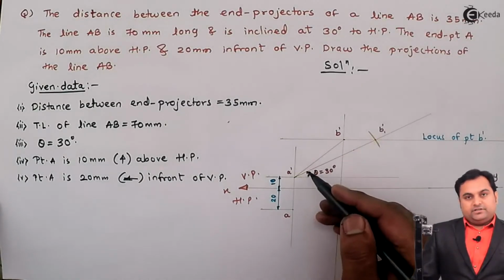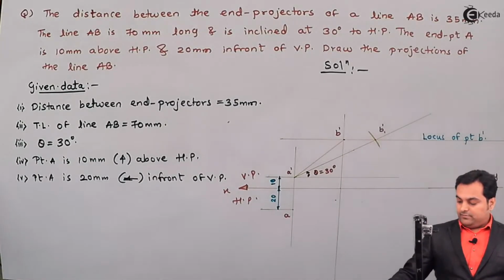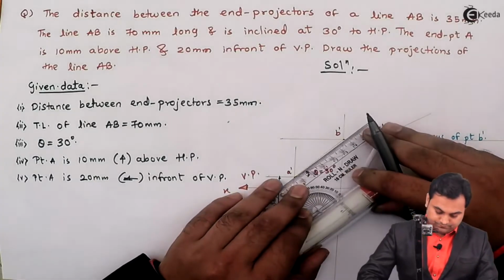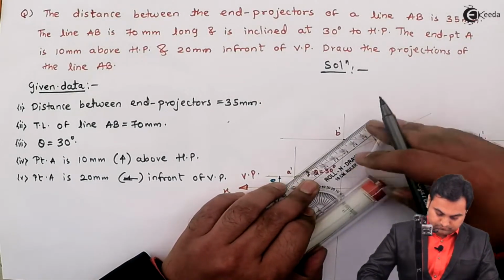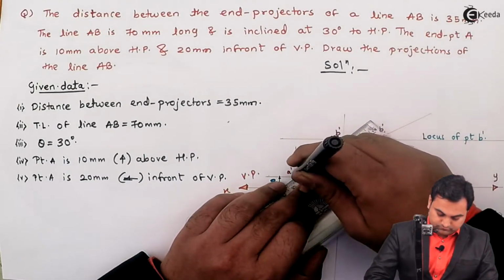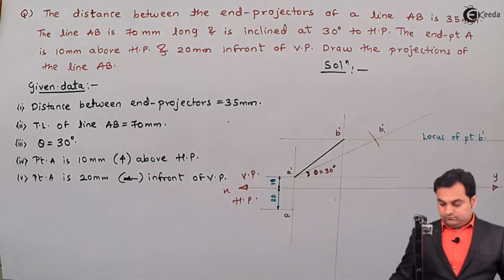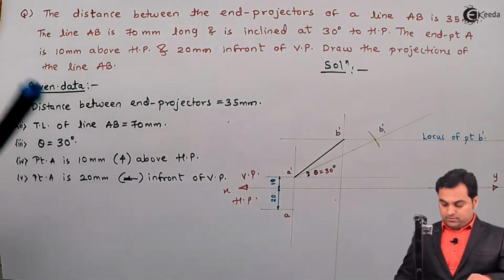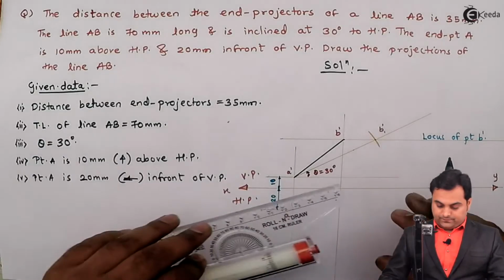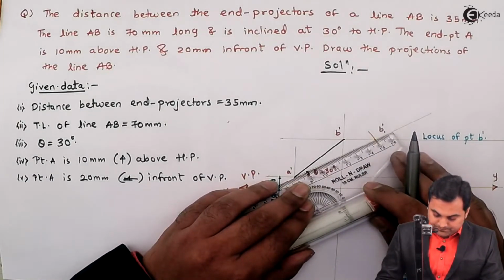So here I am getting this elevation length of the line. I'll make it dark. Then here is the true length of the line.